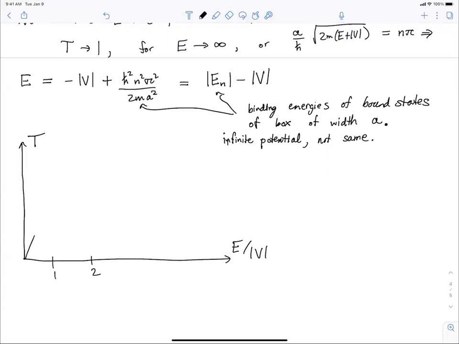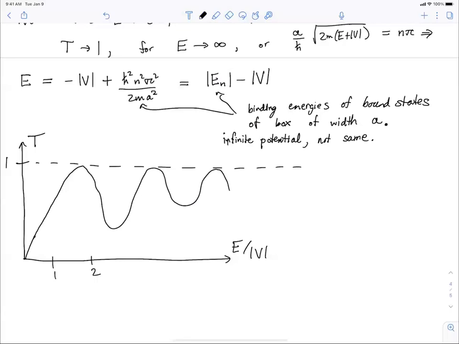But then here's t equals 1. What can happen is there are these resonance energies. And if you happen to be near a resonance energy, then the transmission coefficient again will go to 1. The height of these peaks is larger if the potential is very deep.